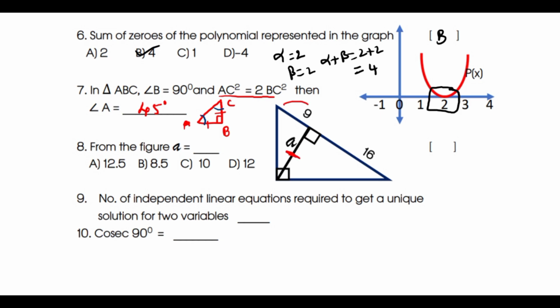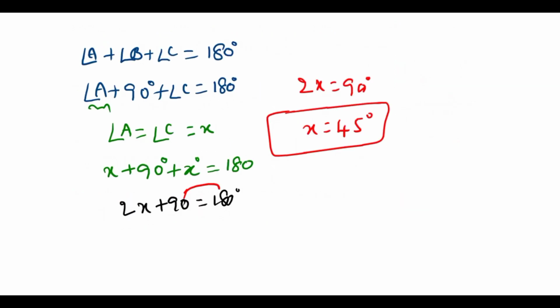Here, A square is equal to 9 into 16, from the figure. How does A square equal 9 into 16? You can revise chapter 8, exercise 8.4, question number 4, then you will get complete clarity about it. It is a half mark question, just a technique I am giving you.